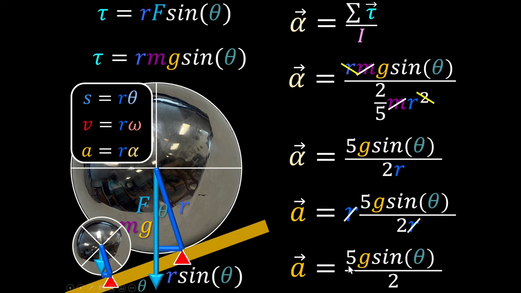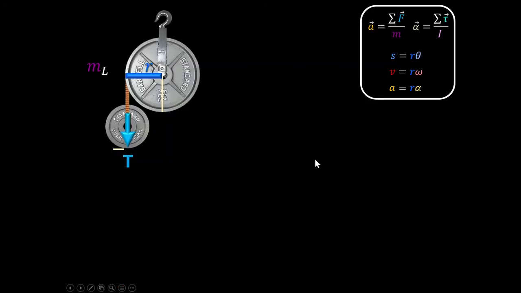As long as the acceleration of gravity is the same and the angle is the same and the shape of the object, 5/2 came from 2/5 being a sphere, they will have the same tangential acceleration.